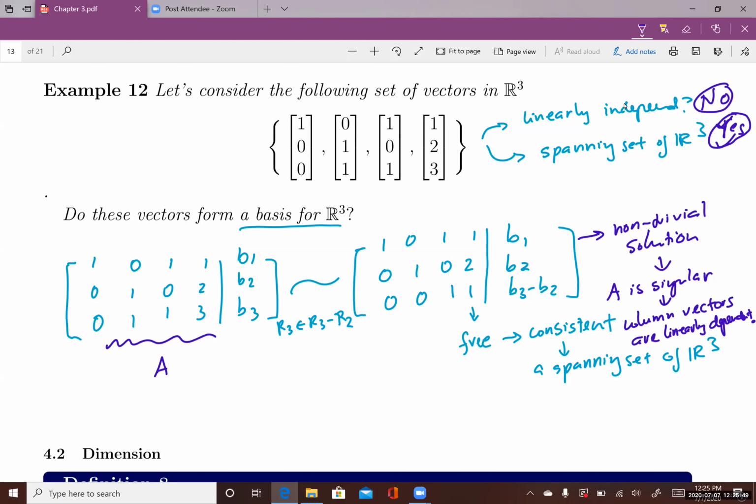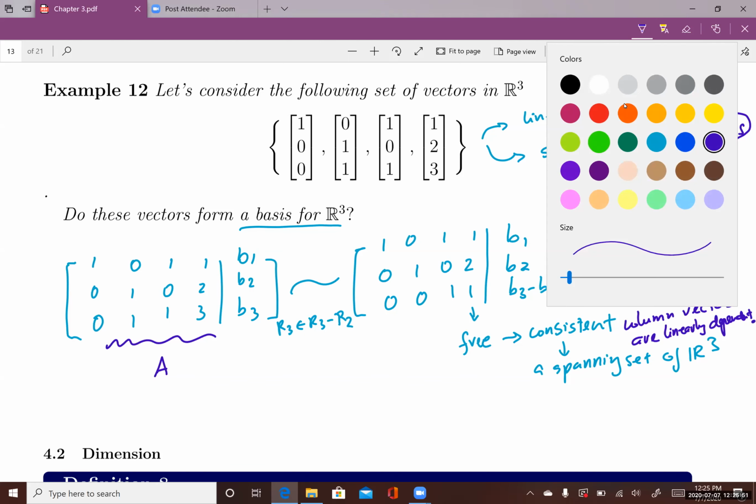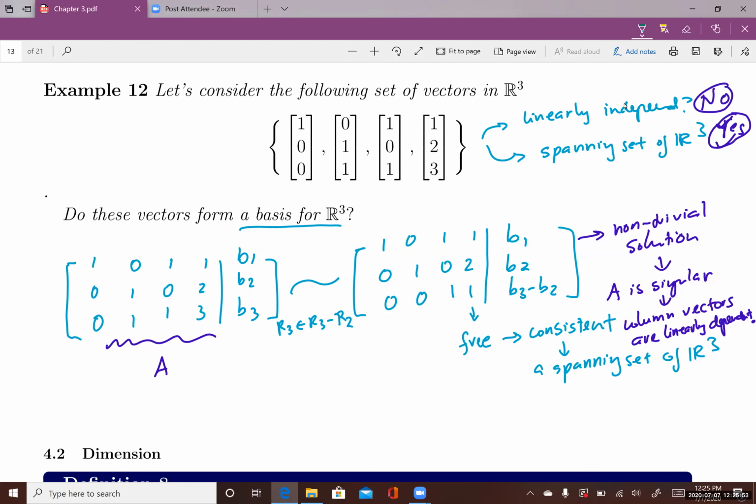That means I can conclude that this set of vectors does not form a basis for R3. Okay. In order to form a basis for R3, they have to be linearly independent, and they also have to be a spanning set of R3.